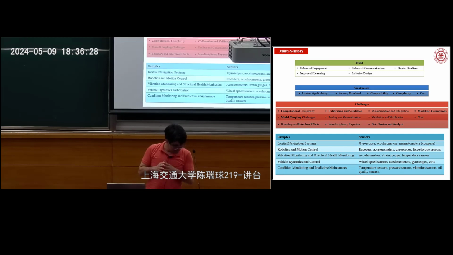By the way, in samples of multisensories, up to now, there are some samples or examples in vibrational science, in acoustical science, or fluid and thermodynamics. For example, inertial navigation systems with gyroscopes, accelerometers, or magnetometers.